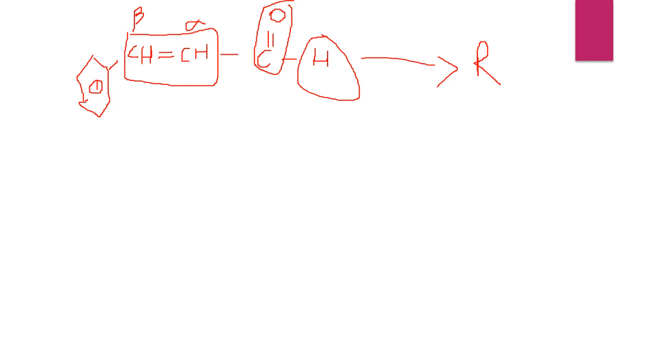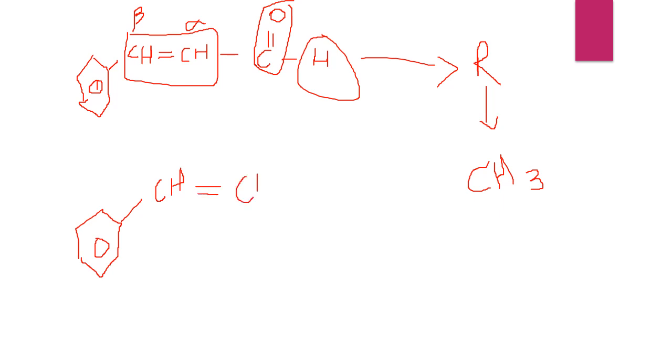So if we replace it with CH3 for the ketone, then the product formed is benzene, CH double bond CH, single bond carbonyl compound, and here H is replaced by R, and R can be CH3.